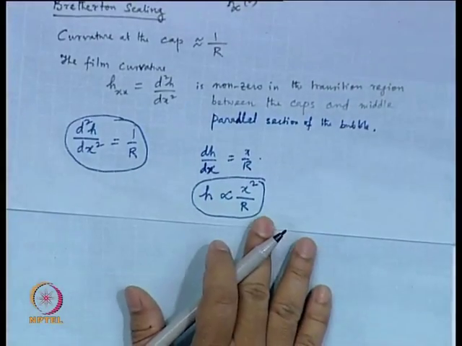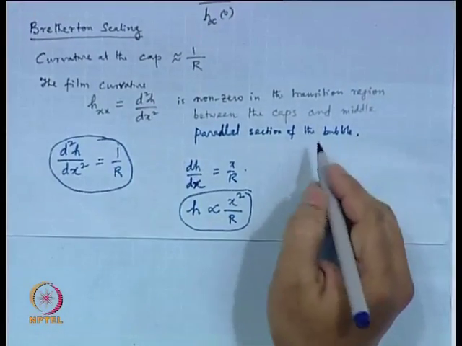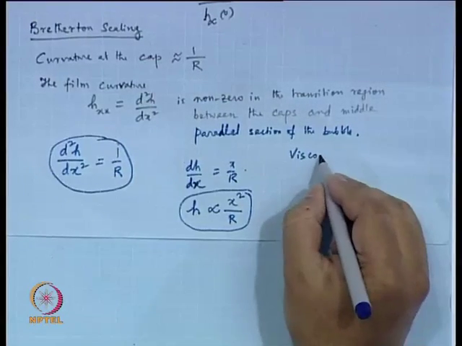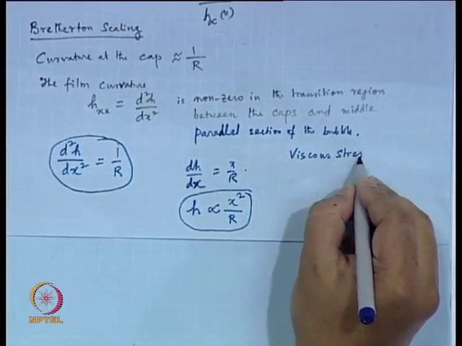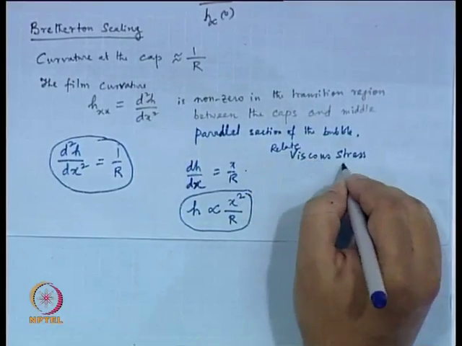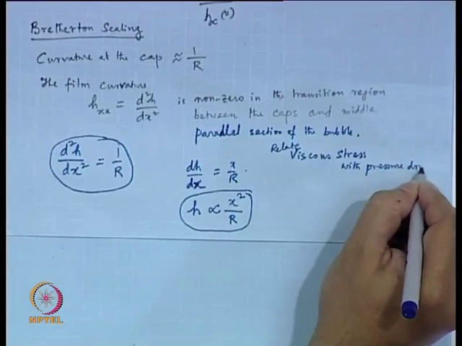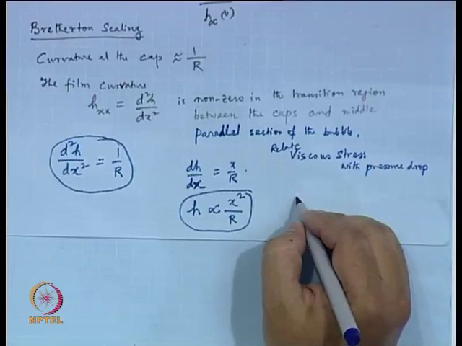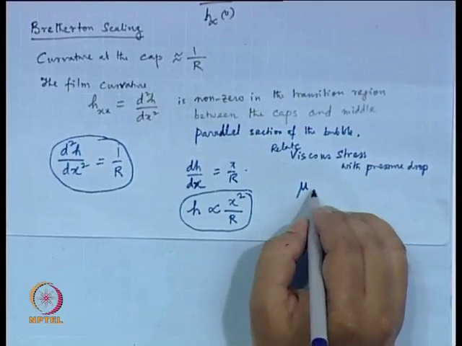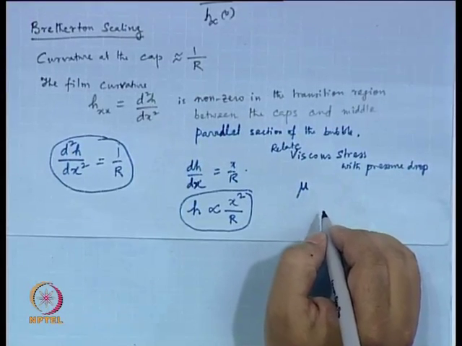All right. So, given this, now if somebody wants to find out what would be the viscous stress, and relate viscous stress with pressure drop, what he will write in that case is mu du/dy.